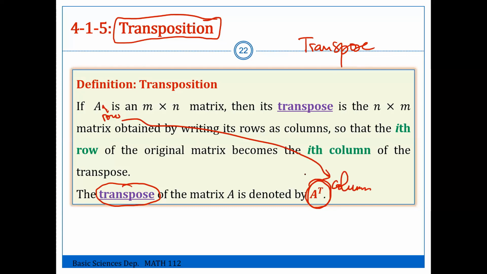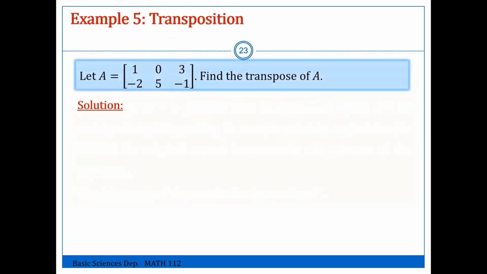So we write the rows as columns. And of course, as a consequence, the columns of A become the rows of A transpose. So if A is of order m by n, the transpose will be of order n by m. It's very easy. Let's see an example.